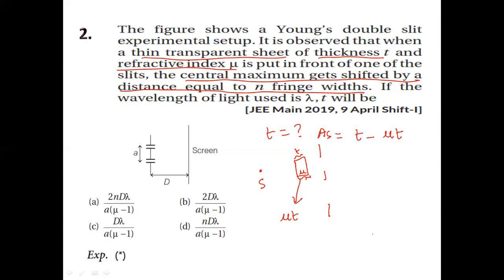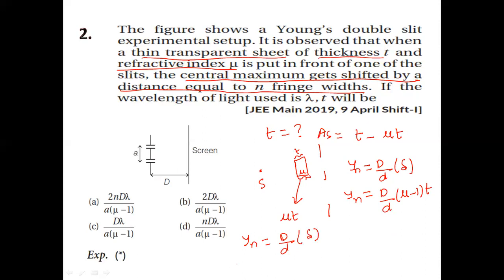Now the fringe position yn I can write as capital D by small d times delta, that is capital D by small d times mu minus 1 into t. Without this transparent sheet, we know that yn is equal to capital D by small d times delta.